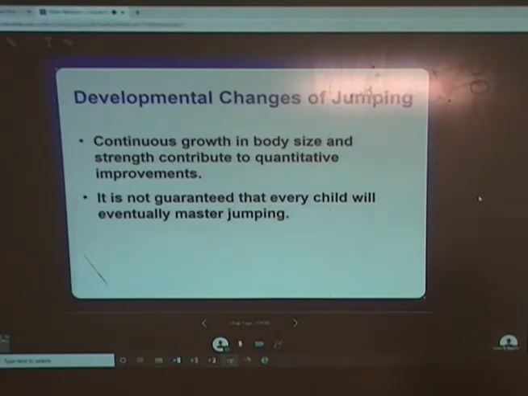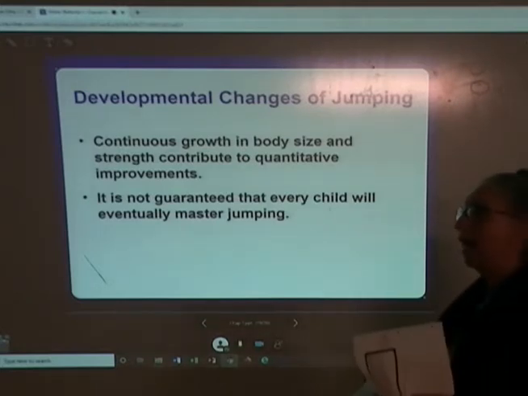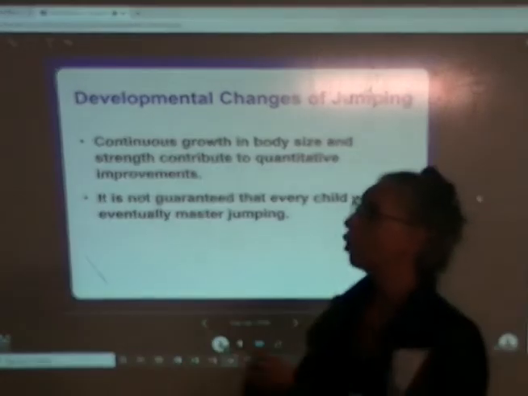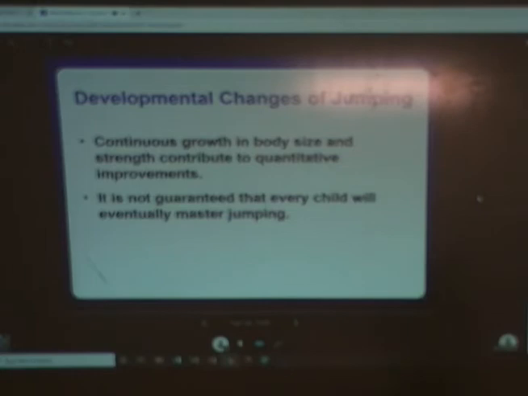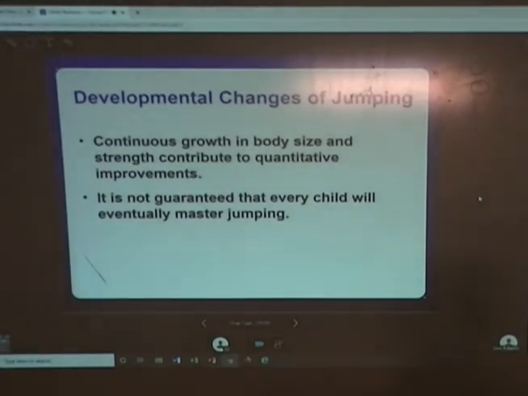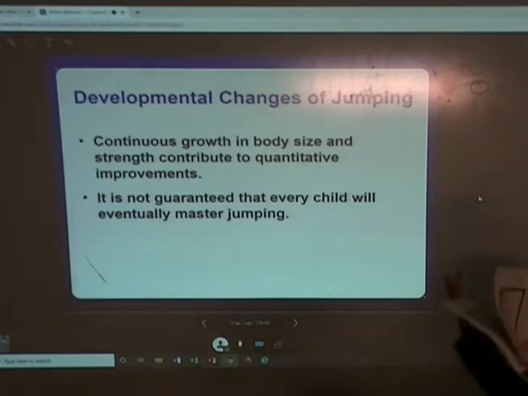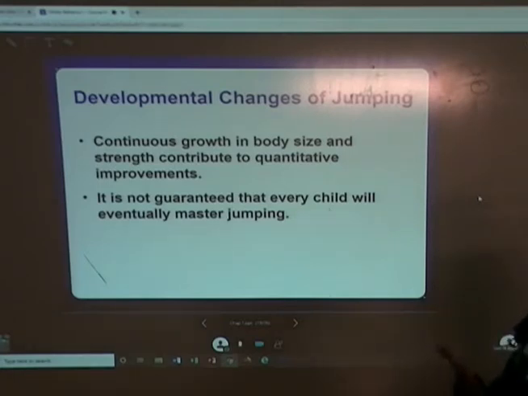So again, be careful because growth can impact a quantitative outcome. So if you are judging or grading or scoring the jump by how high they can jump or by how long they can jump, that does not mean that jump is more efficient and mechanically competent, right? So remember, maybe I don't want to use a quantitative assessment.